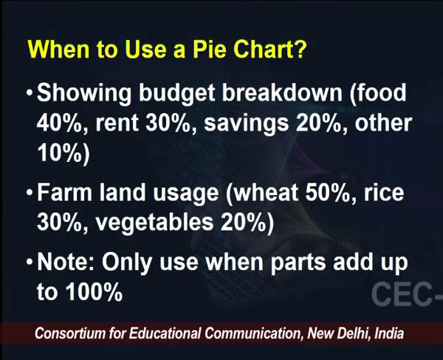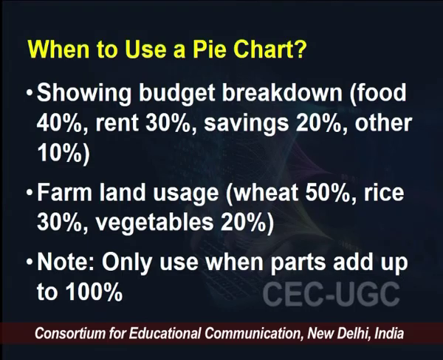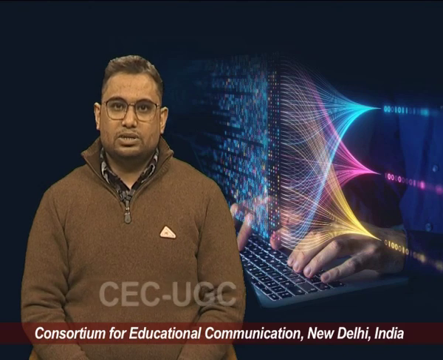Now, when to use a pie chart? You can use a pie chart for different data visualization requirements. For example, if you are showing a budget breakdown for your home's income, you can say you spend 40% on food, 30% on rent, savings 20%, and the rest is 10%. Then the entire 100% is your income, and the different chunks show how you spend your money.